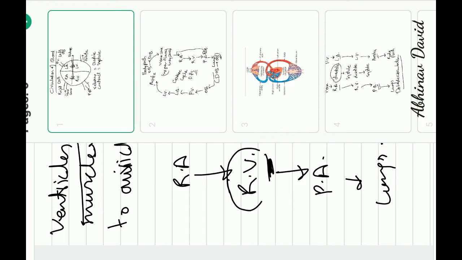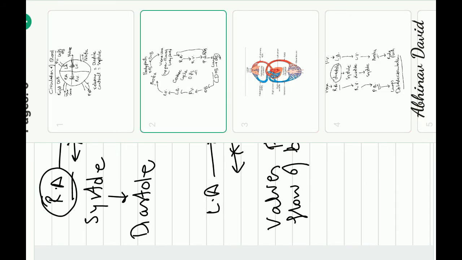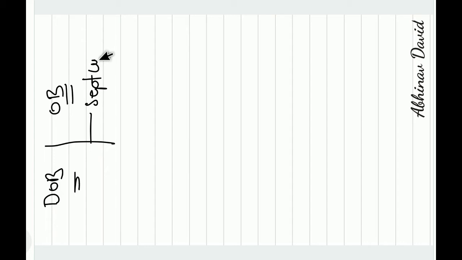Now let us discuss some more things. In our body, the deoxygenated blood on the right side is completely separated from the oxygenated blood, because there is a septum in the heart which completely separates the deoxygenated blood from the oxygenated blood.